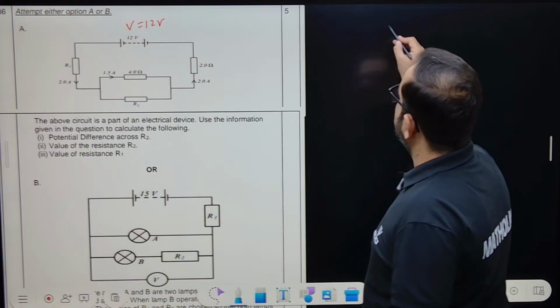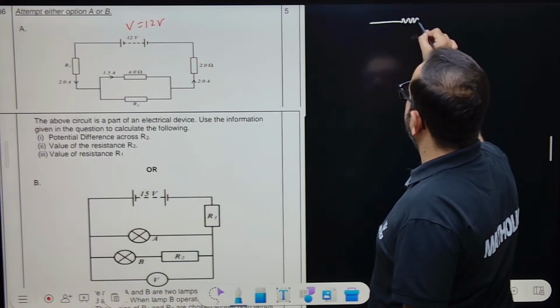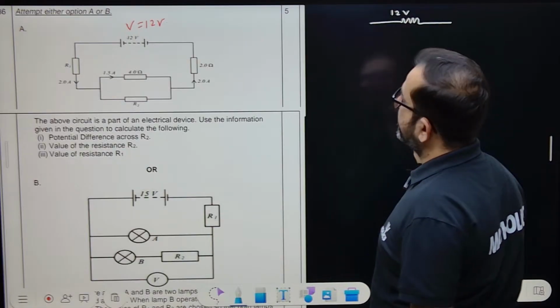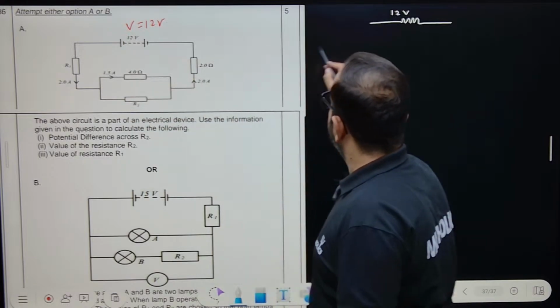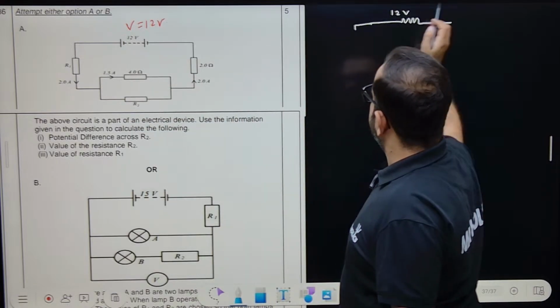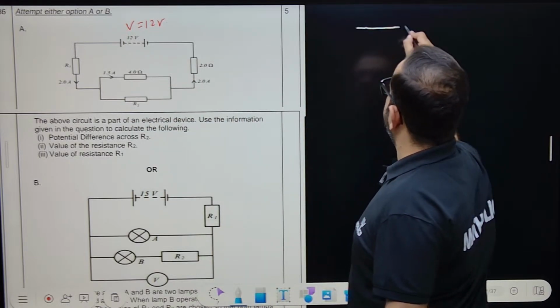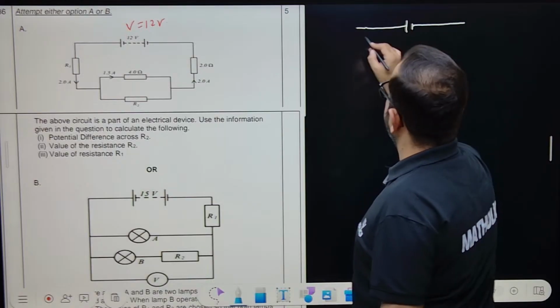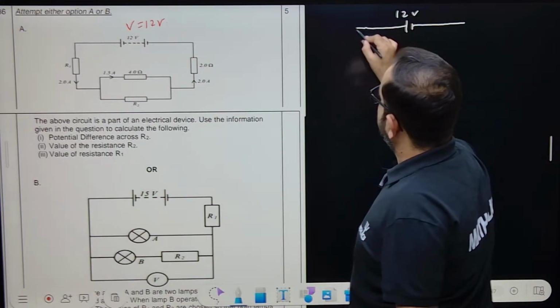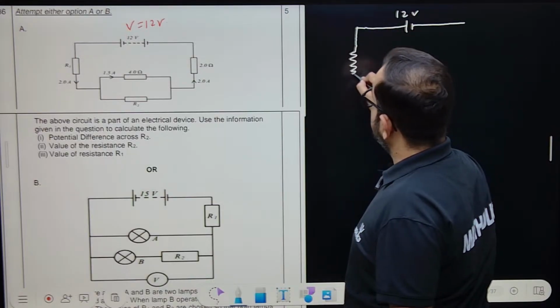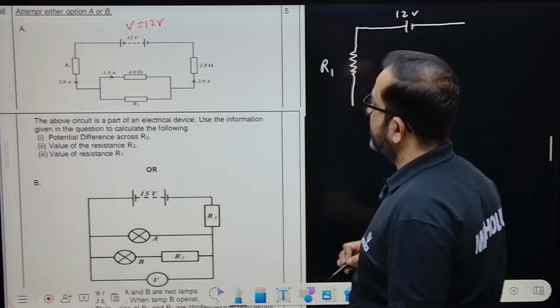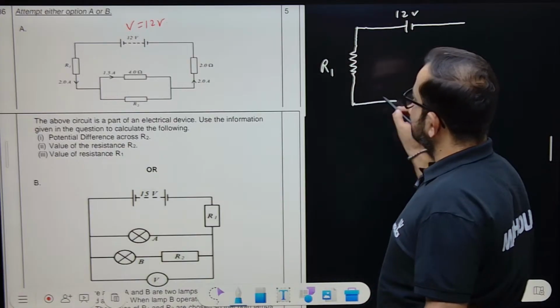See, one is a 12-volt battery. This is R1. So the battery will be like this, a 12-volt battery, and R1 is like this. Now, this is some combination.